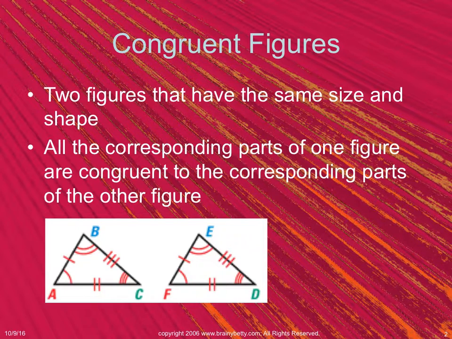If I'm comparing a quadrilateral, it has to be compared to a quadrilateral. Hexagon to hexagon has to have the same size and shape. If they are congruent, then all of their corresponding parts match up. So each side in the one would match one side in the other, and each angle in the first would match one angle in the other.